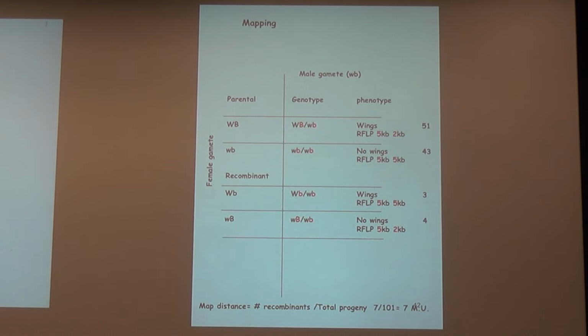Confusion? When you're doing an RFLP, you have to pay attention to the fact that even though this little b is a recessive allele from the male, you will detect it as a 5 kb band, because this little b over here is going to be a 5 kb band. This big B is going to come in as a 2 kb band.